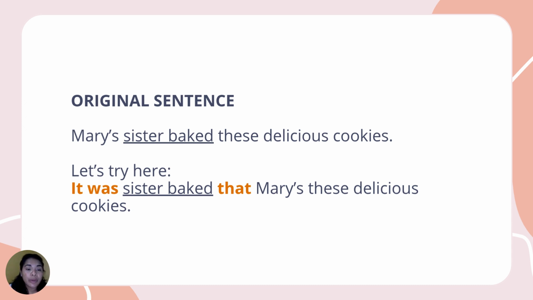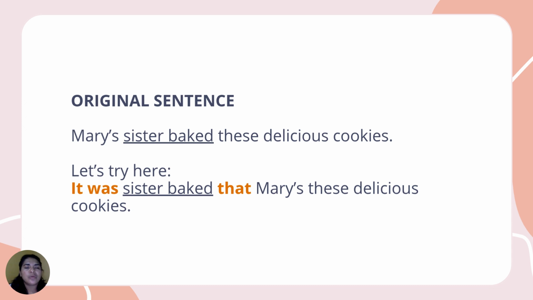For example: Mary's sister baked these delicious cookies. Here "sister baked" is the string I have to test. Let's see if it works. It was sister baked that Mary's these delicious cookies. We immediately realize it cannot be possible.